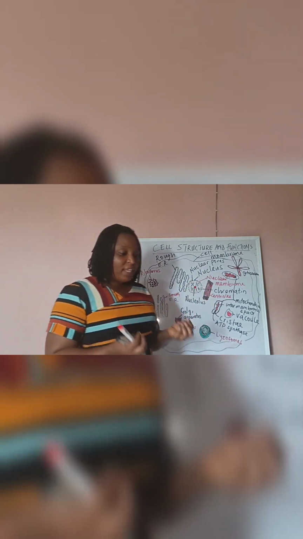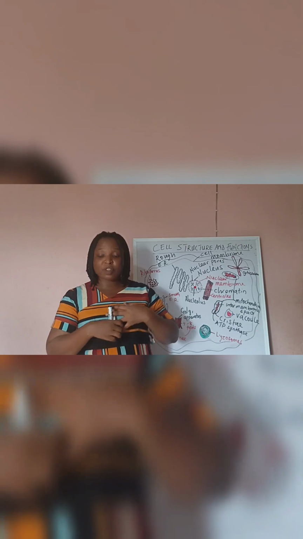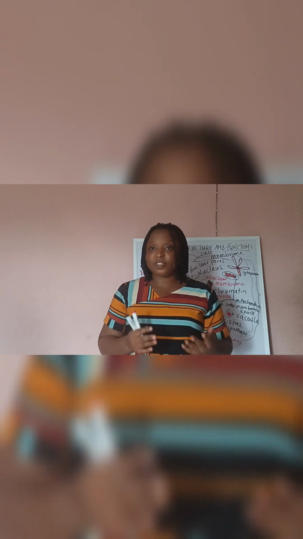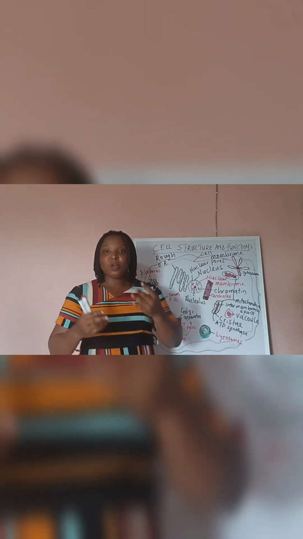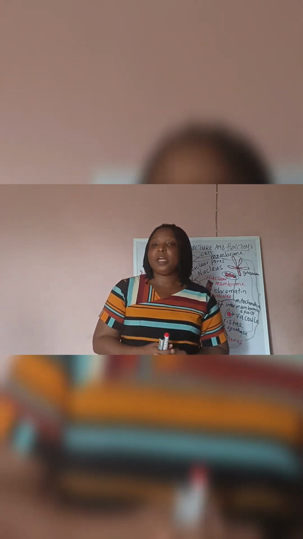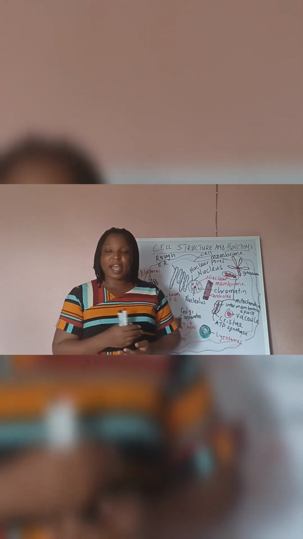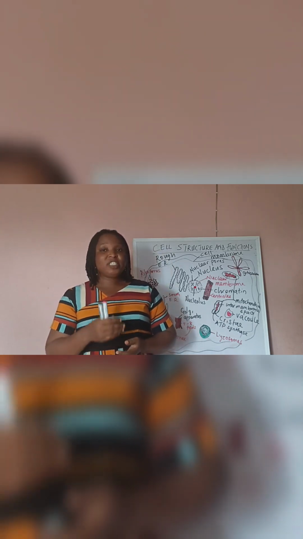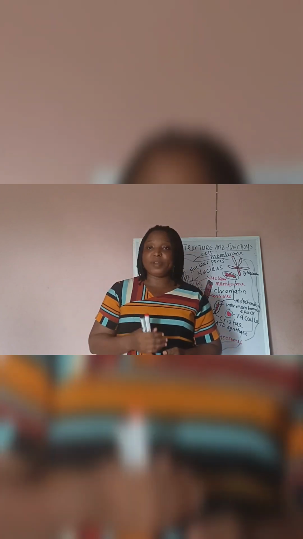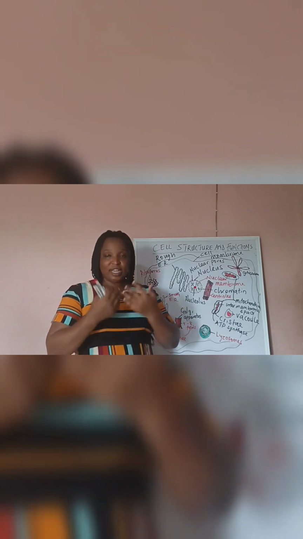In the body, we also have specialized cells. We have talked about cells, the different structures of cells and how this structure influences the function of the cell. We also know that different living organisms have different numbers of cells, which depends on the complexity of the organism. So now we have some specialized cells in the body.